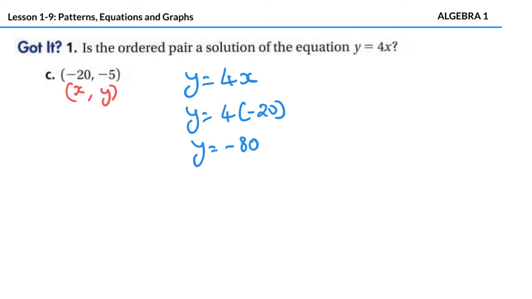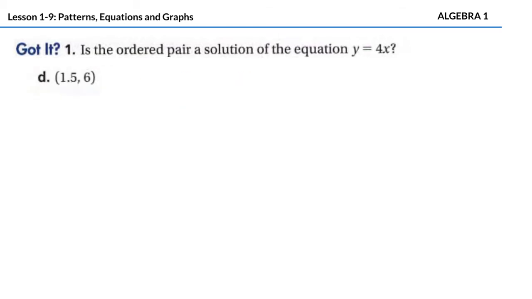Is this the value of y in the ordered pair? No, it is not. Therefore, this is not a solution of the equation. Let's try another last one in this category. Let's try this.